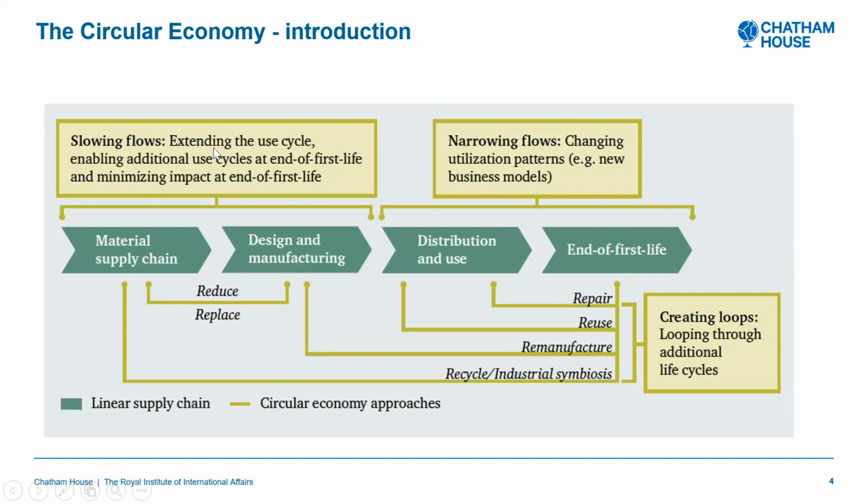And one of the issues here is the concept of planned obsolescence that you might know about. So many products are designed in a way that they break easily or need to be replaced or cannot be repaired. So that's one of the main obstacles that we're also trying to address through the circular economy.